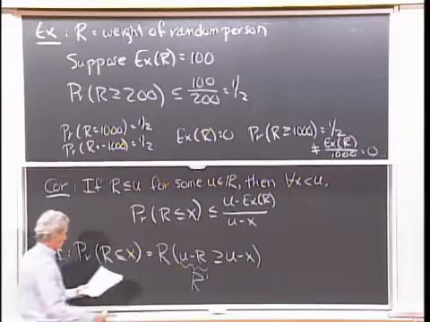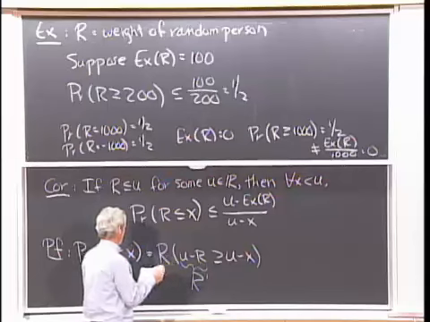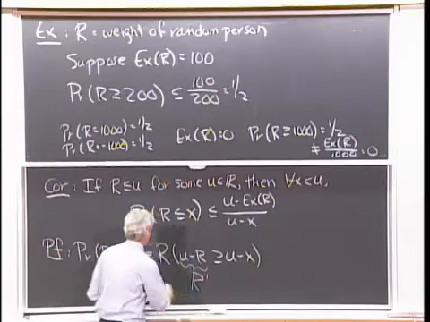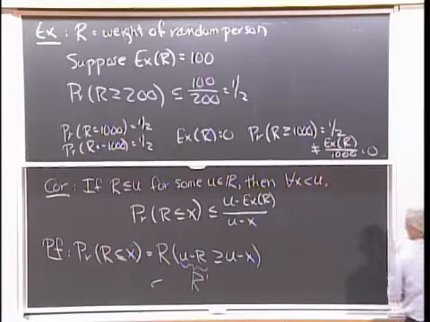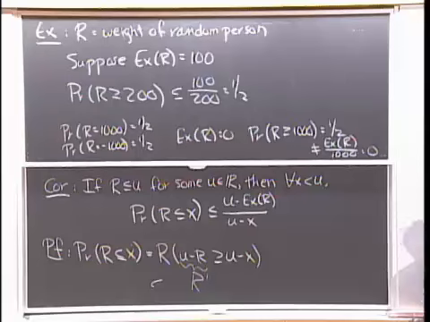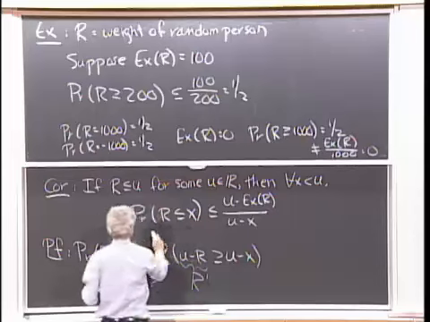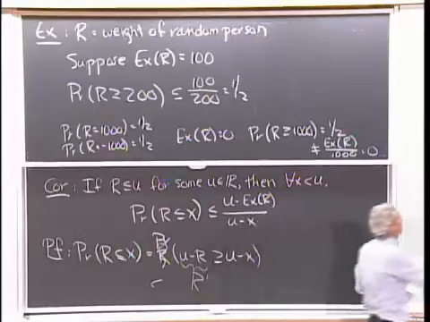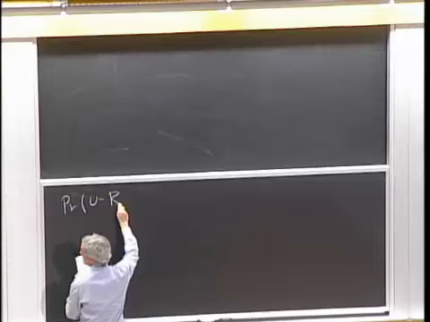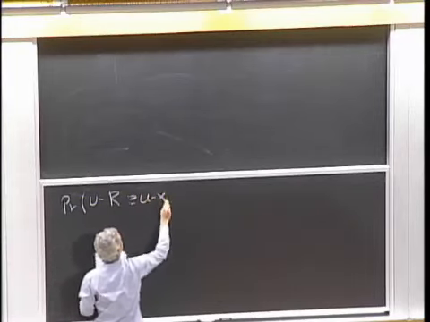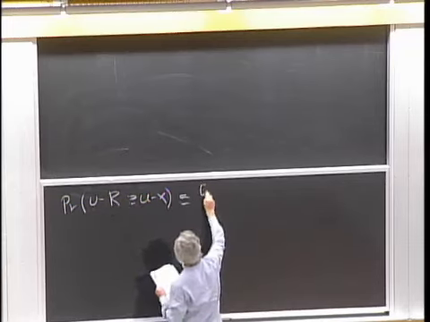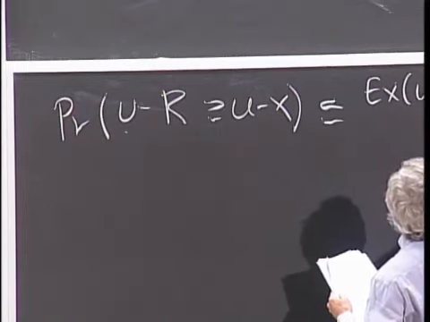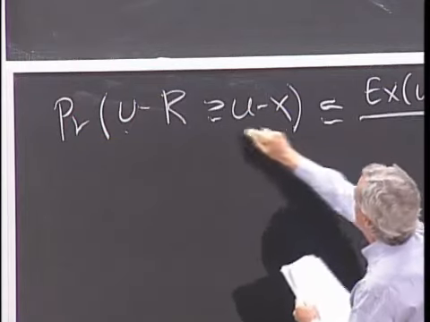All right, and when I apply Markov, I'll get the probability that u minus r is at least u minus x is at most the expected value of that random variable over this value.